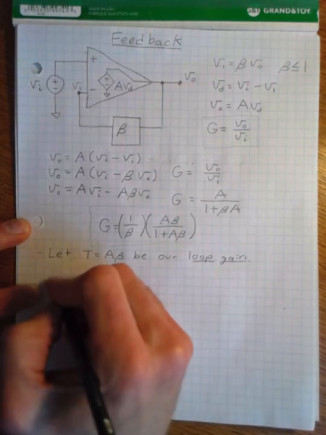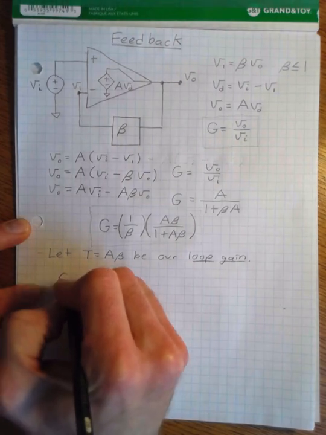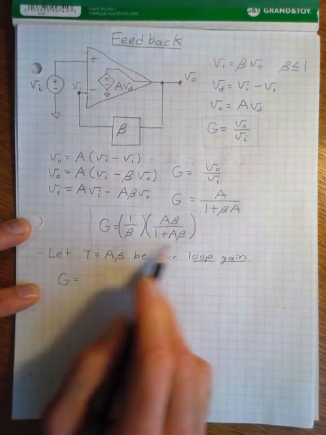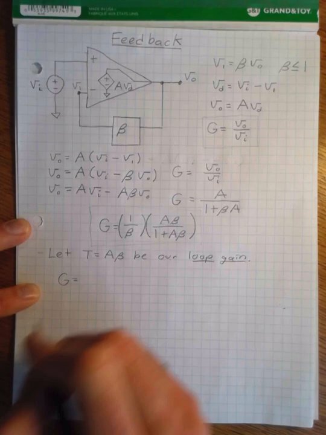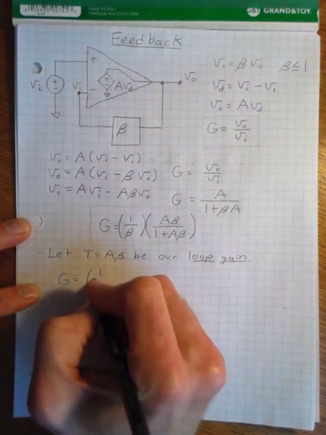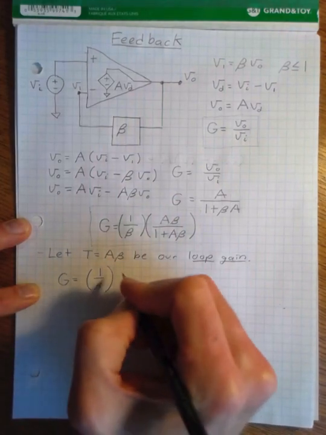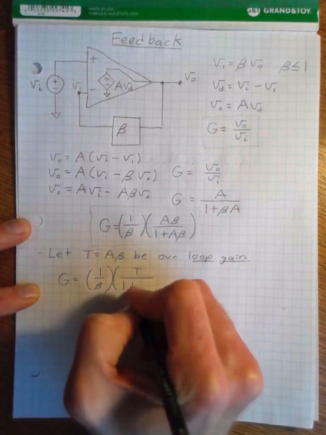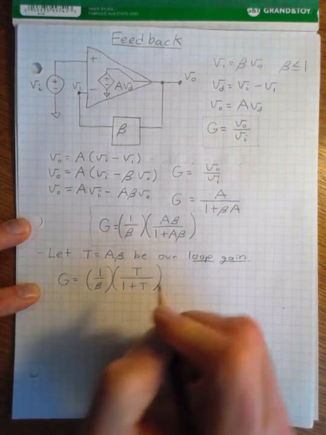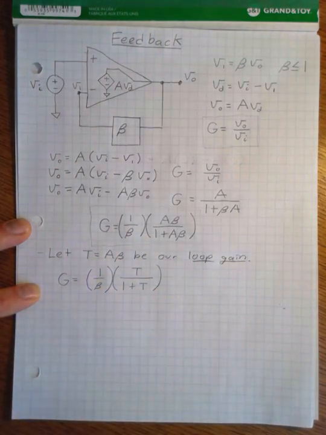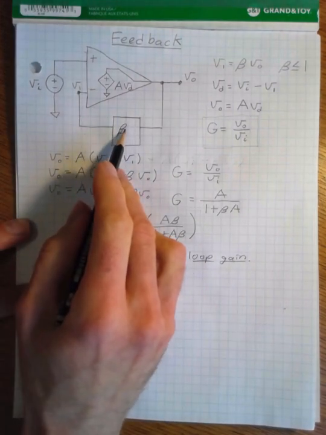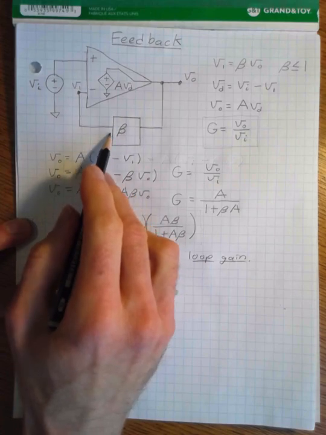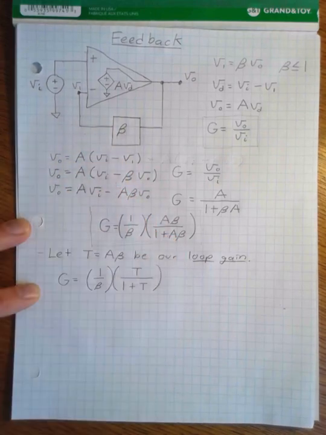And so we know that if we express this expression in terms of T, G is equal to 1 over beta times T over 1 plus T. Now, T is usually really, really large. Yes, beta is less than 1, but it's not usually super, super tiny.